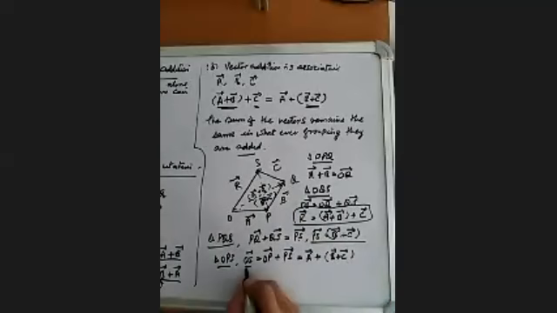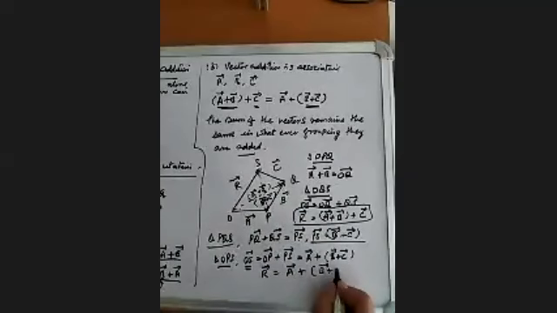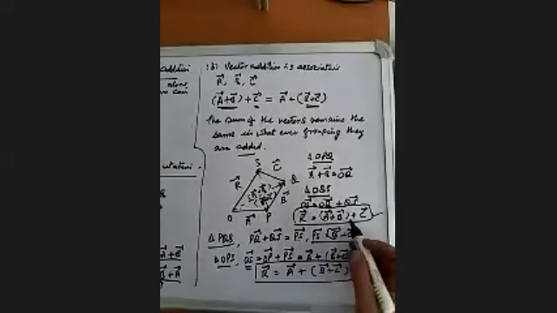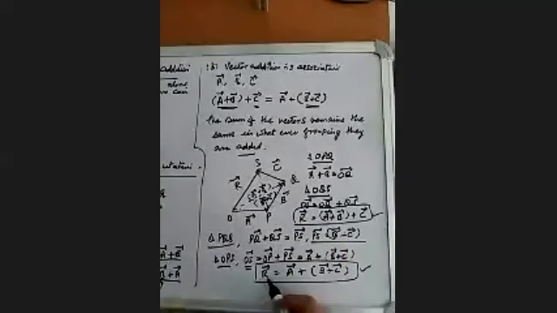And what is OS vector? R vector. So R vector is equal to A vector plus B vector plus C vector. So these two are equal. So vector R is equal to (A vector plus B vector) plus C vector, and vector R is also equal to A vector plus (B plus C vector).